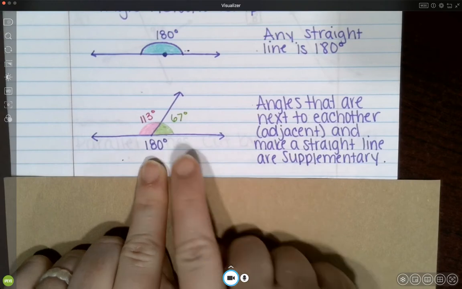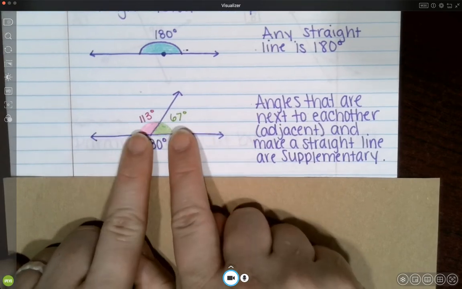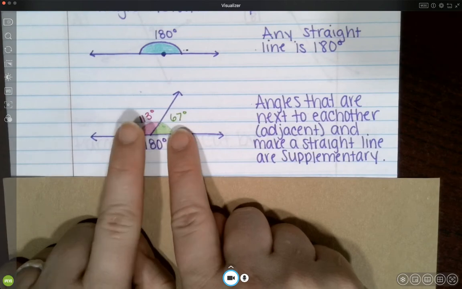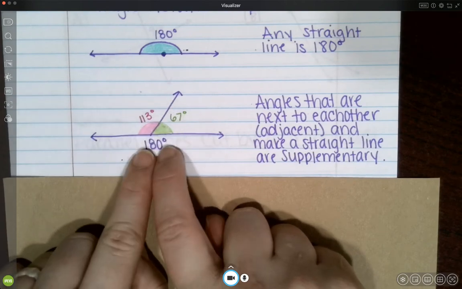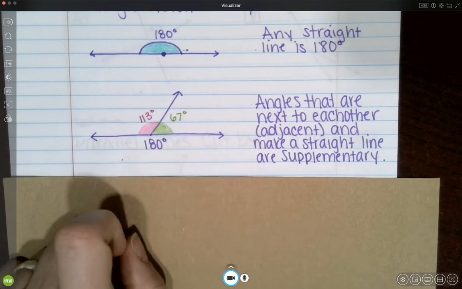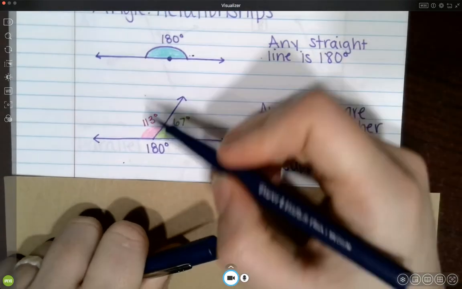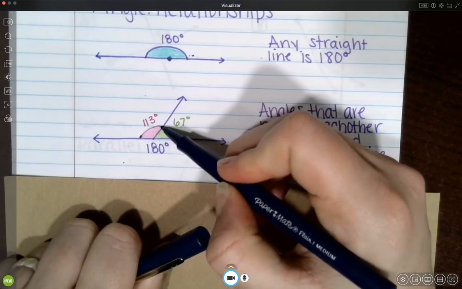So in this case, I have my 180 degree line cut into two pieces, 67 and 113. Together, they make 180 degrees because together they make a straight line. So if I started here and I worked my way around, this is 113.